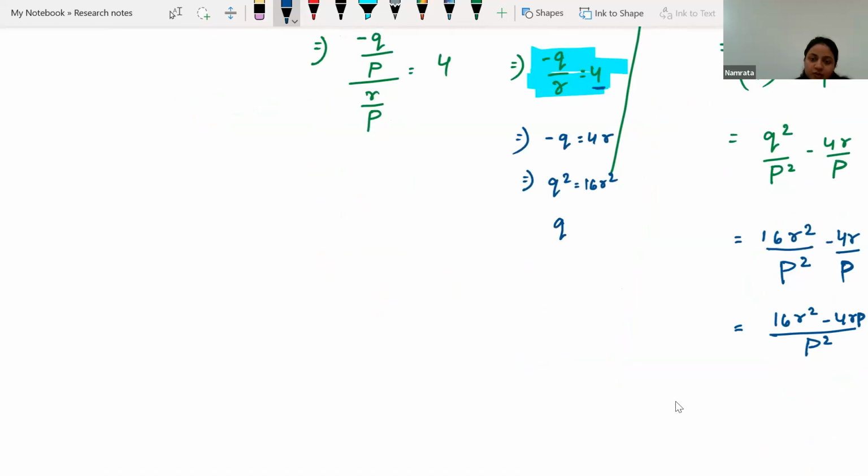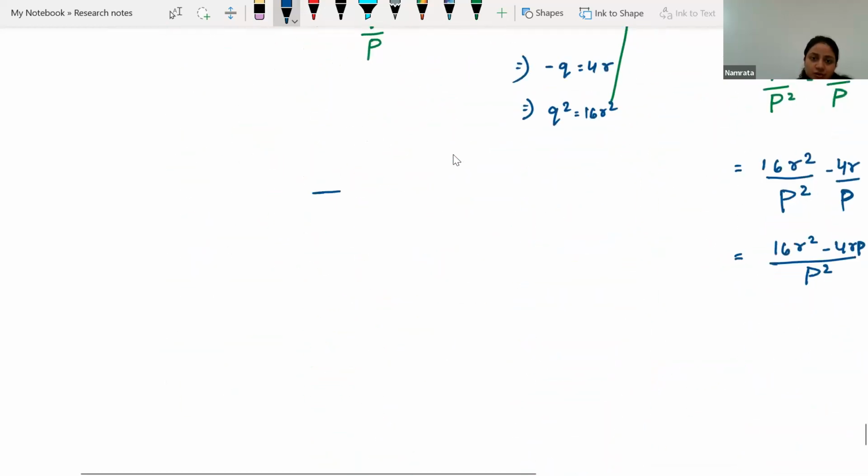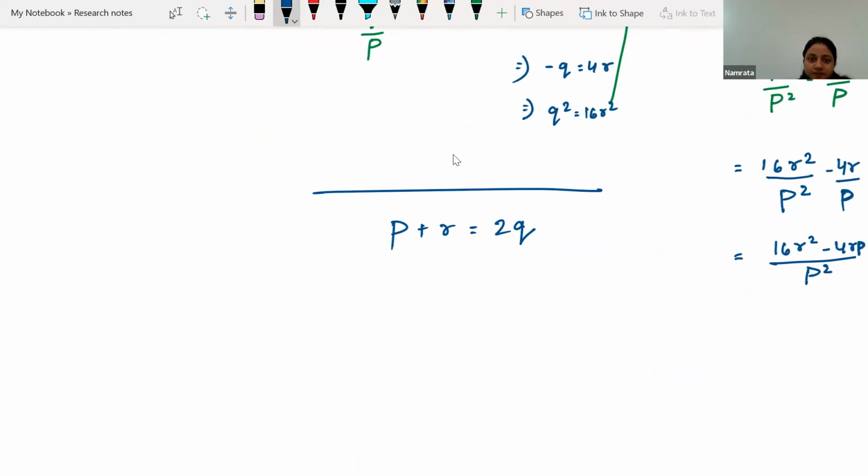Here we are getting Q is equals to, already we are having Q value. What will be P value? If we are having here P plus R is equals to 2Q by arithmetic mean condition, then P plus R is equals to Q is minus 4R.